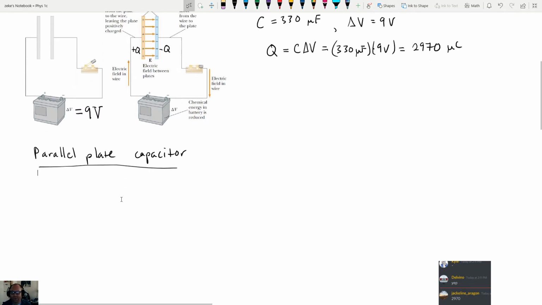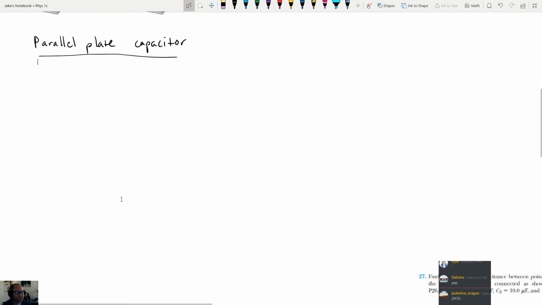So the parallel plate capacitor is something that we've actually been studying quite a bit. The idea is you take 2 plates.